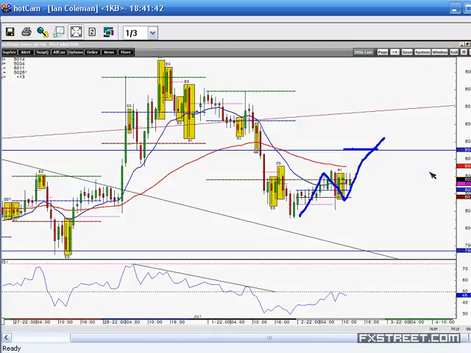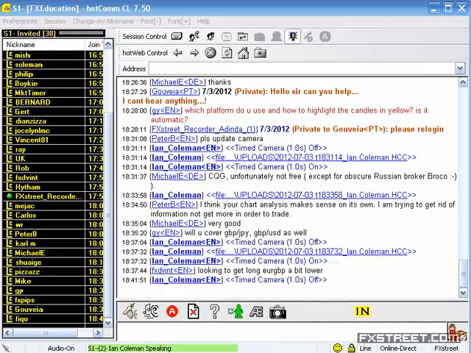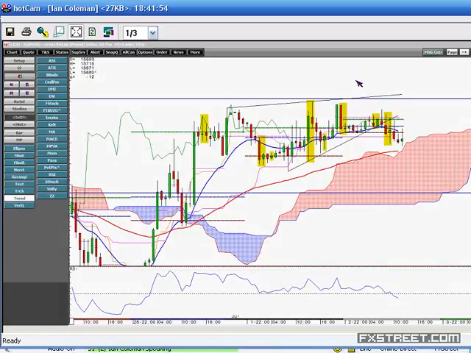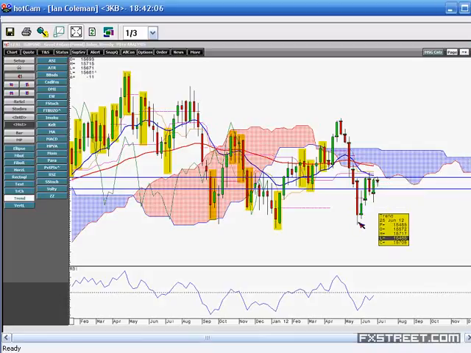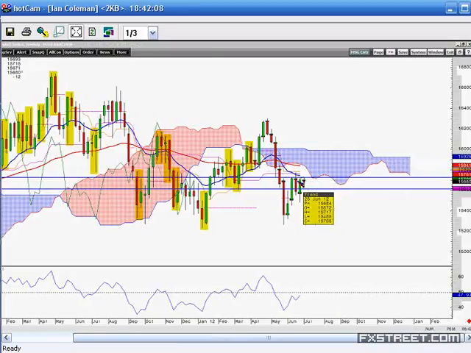Let's just get that off. Going back to cable. And I've got my areas of support and resistance. It rejected lows last week, ended quite bullish.